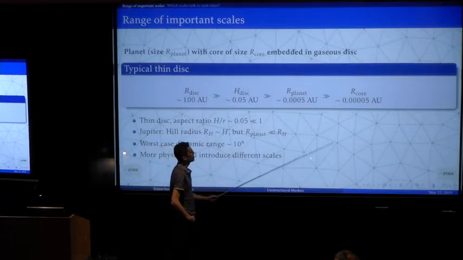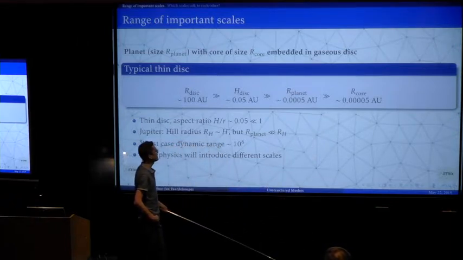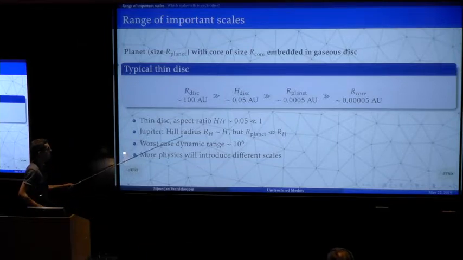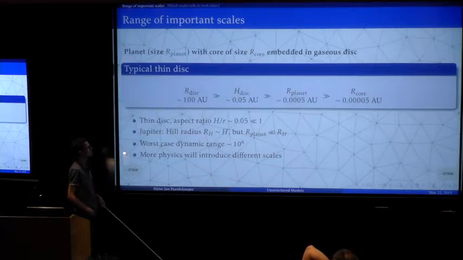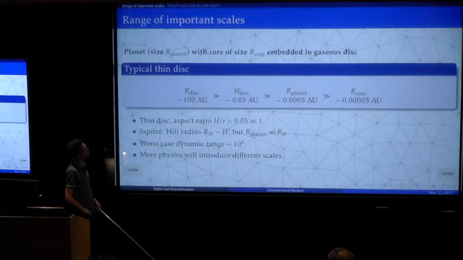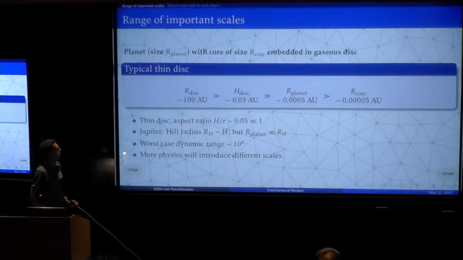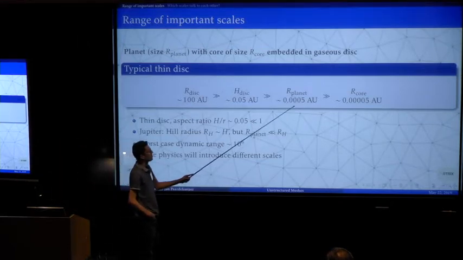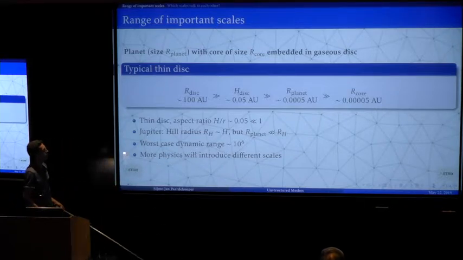And if this has a solid core of roughly an Earth size, we go another factor of 10. In between those are important scales, such as the Hill radius of the planet, which for Jupiter is comparable to the scale height. The physical size of Jupiter is much smaller than the Hill radius. There's of course the Bondi radius we have heard a lot about. But if it turns out we really need to resolve all these scales, we're in a bad position, because then the dynamic range in our simulation will have to be about 1 million.